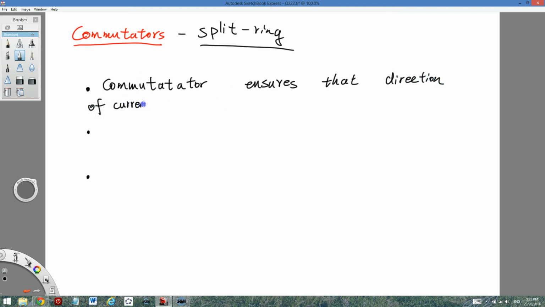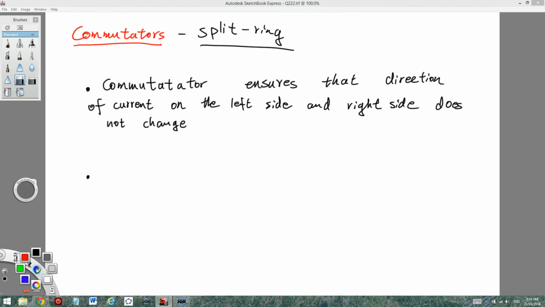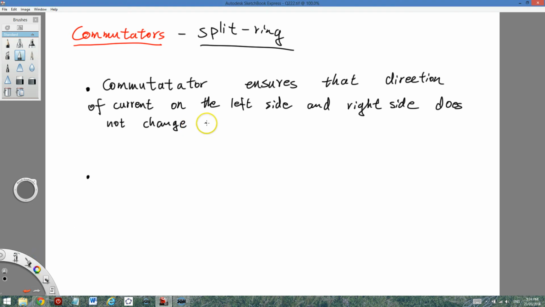The direction of current on the left side and right side does not change, even when the motor rotates. When the shaft, use the proper word, when the shaft rotates.